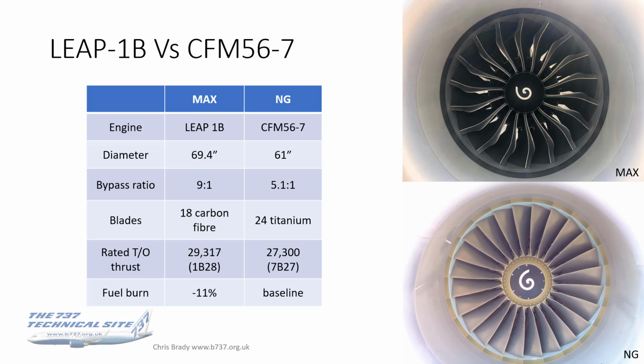I don't think we'll see a 1B31 designation, but who knows? The next year or so we'll shake that out. Fuel burn on the Max very lean, 11% down on the CFM powered NGs. So that is great. Apart from environmental advantages, but range advantages as well.